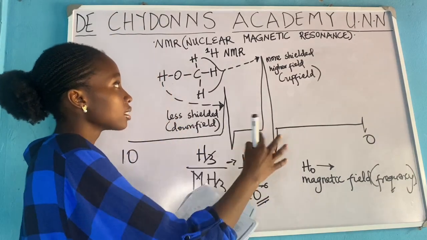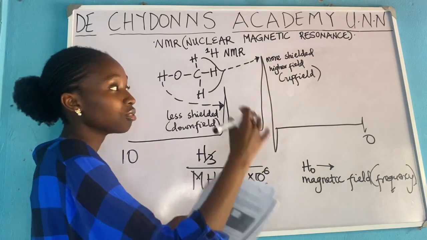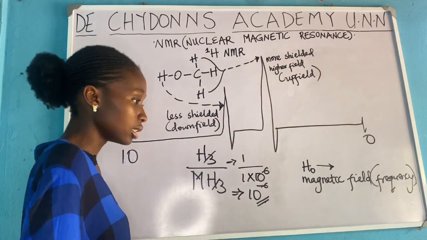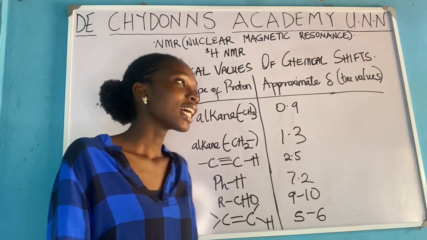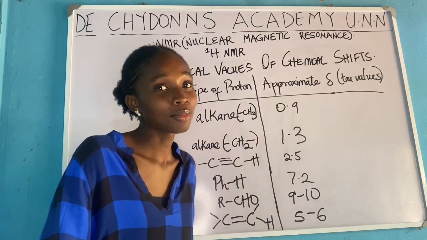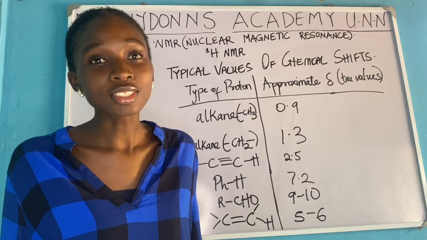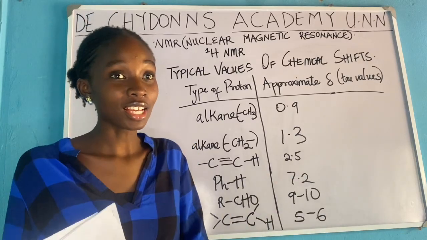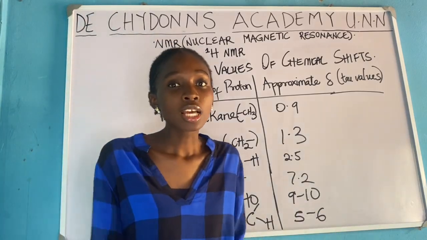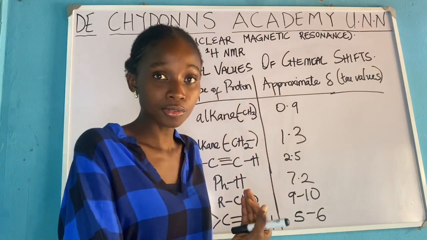This is how a basic NMR spectrum is read. As we have seen with our methanol example, oxygen, with its negative inductive effect, was able to de-shield one proton and move it downfield.